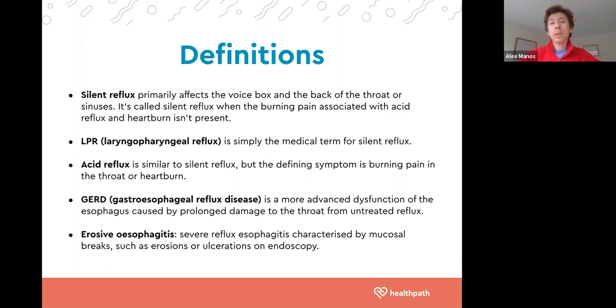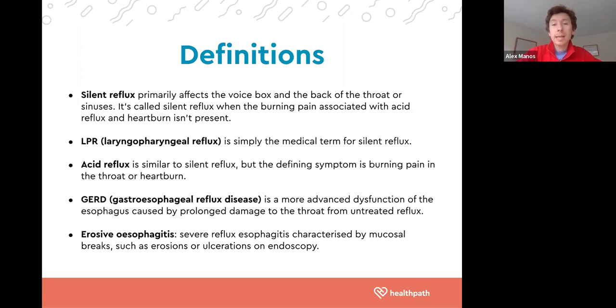We then have LPR, and this is essentially the medical term for silent reflux. The difference between LPR and GERD, which is what we're focusing on today, and these are a family of conditions, I would argue, is that with LPR the reflux is getting higher up into the voice box, for example, compared to GERD, where we're really talking about just the lower esophagus.